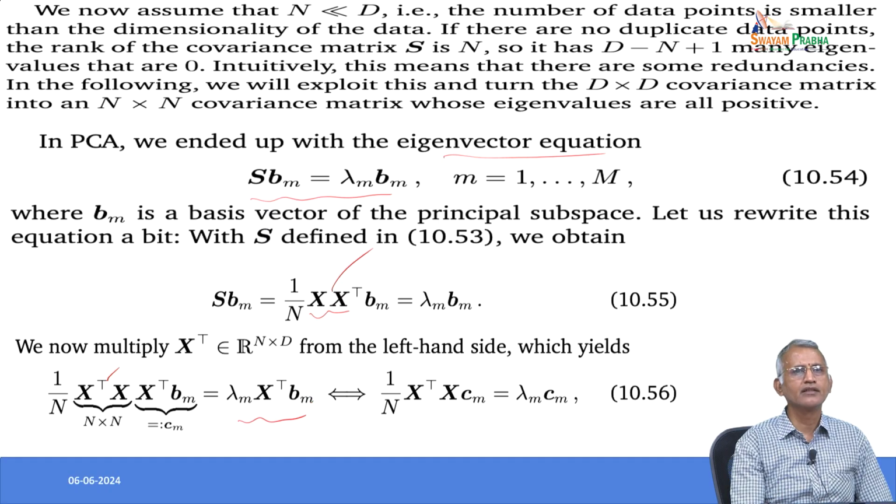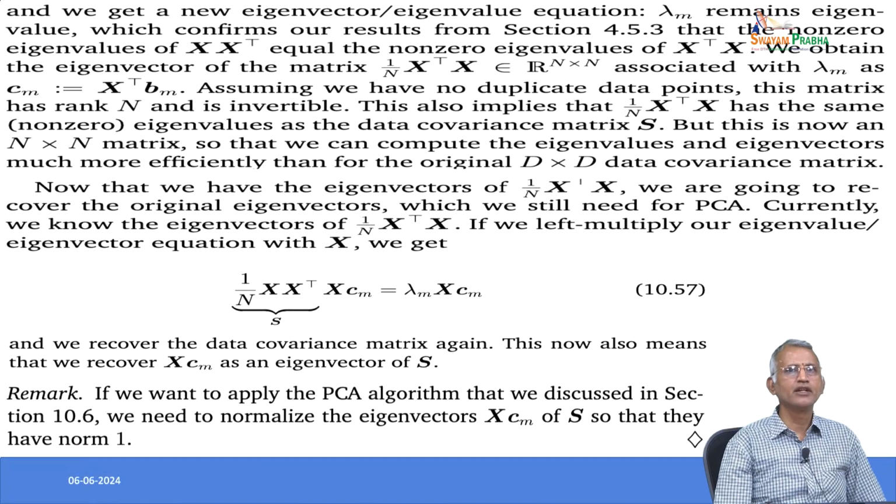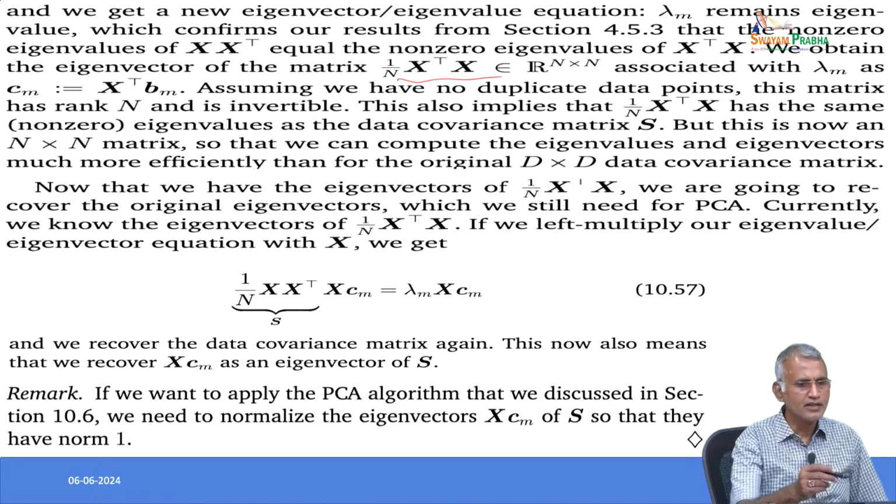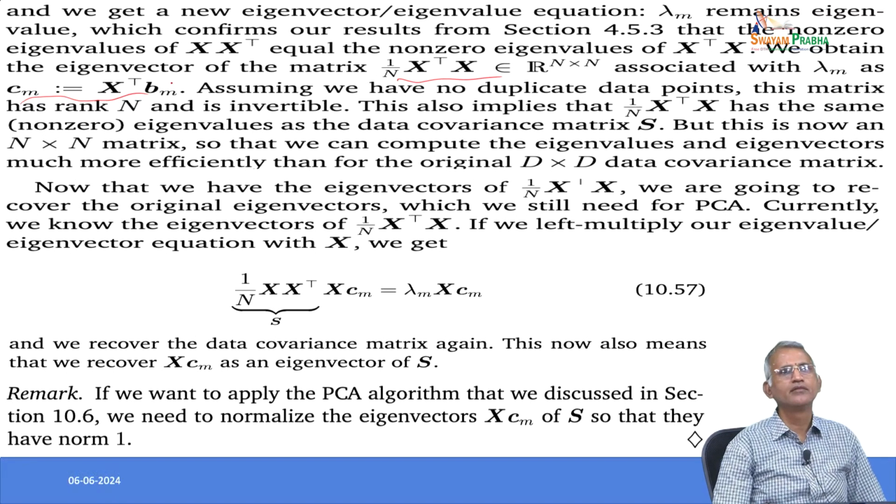So we can write this expression as (1/N) X^T X c_m = lambda_m c_m. We get a new eigenvector and eigenvalue equation, and lambda_m remains the eigenvalue, which confirms our result from this section that the non-zero eigenvalues of X X^T equal the non-zero eigenvalues of X^T X. So we obtain the eigenvector of the matrix (1/N) X^T X, which belongs to R^(N×N), associated with lambda_m as c_m = X^T b_m.